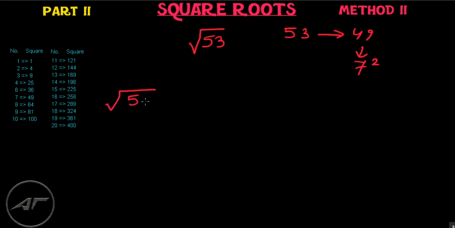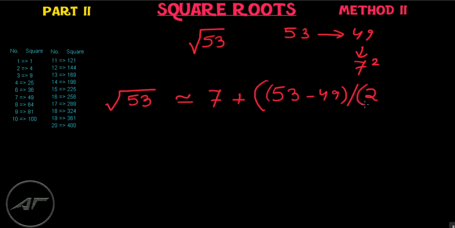Now, the square root of 53 will have an approximate value of 7 plus (53 minus 49) by 2 into root 49, right?